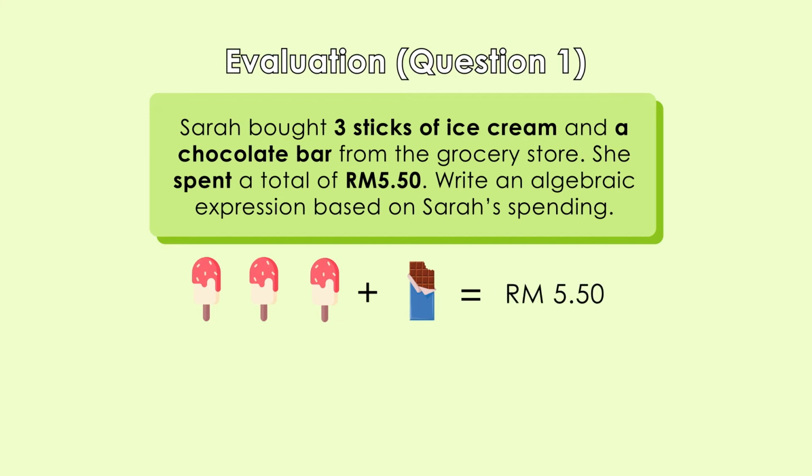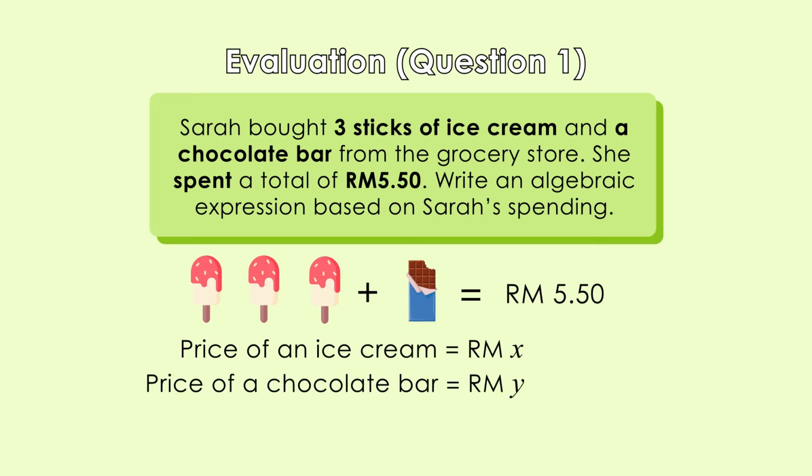For Sarah's situation, we need to form an equation where the total price of the ice cream and chocolate bar equals 5 ringgit and 50 cents. Since Sarah bought 3 sticks of ice cream, assign the variable x as the price of the ice cream.